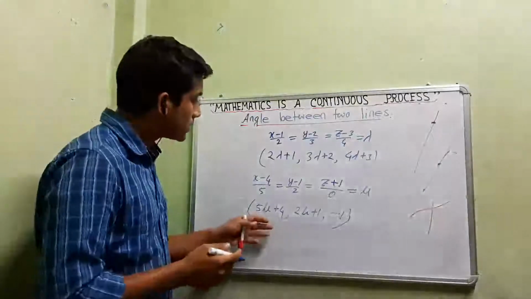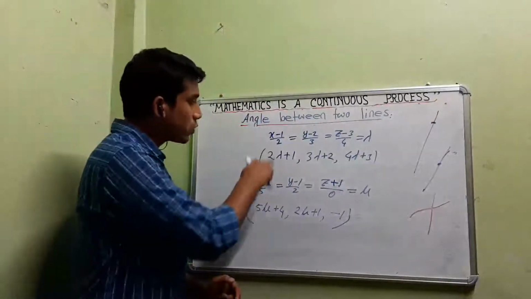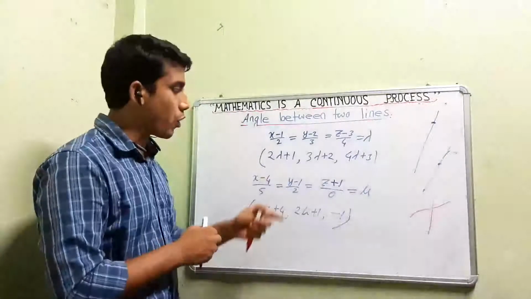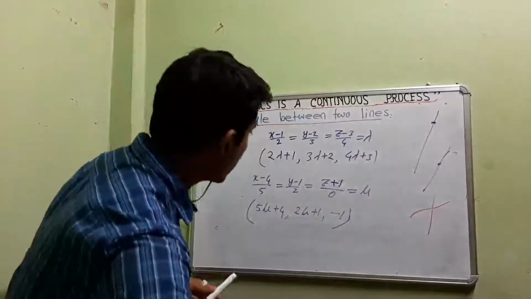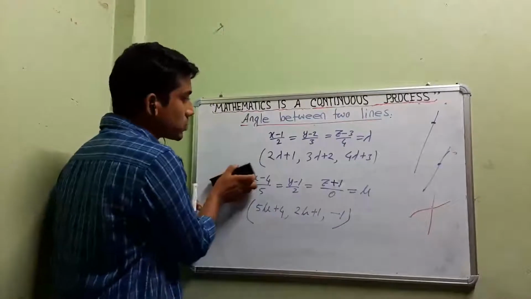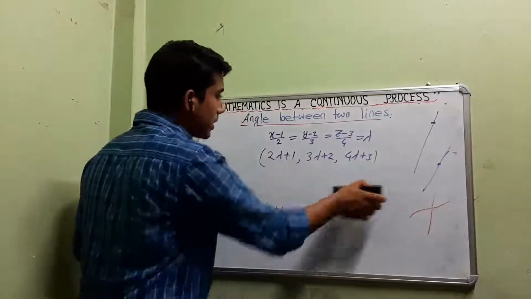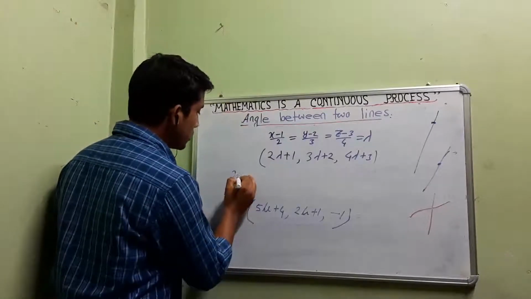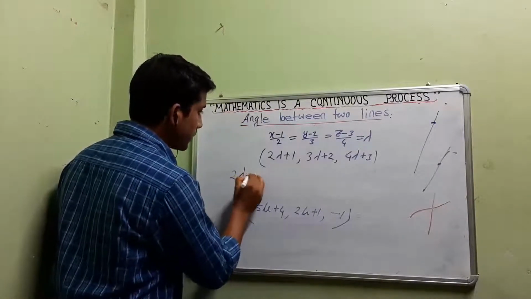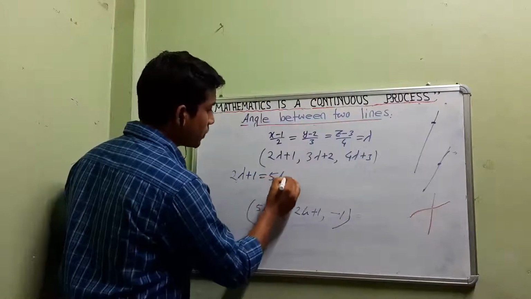So let me consider the equations by equating the coordinates of the 2 points. If we equate the coordinates of the 2 points, you see, this is 2 lambda plus 1, and this is 5 mu plus 4. So we must have 2 lambda plus 1 is equal to 5 mu plus 4.